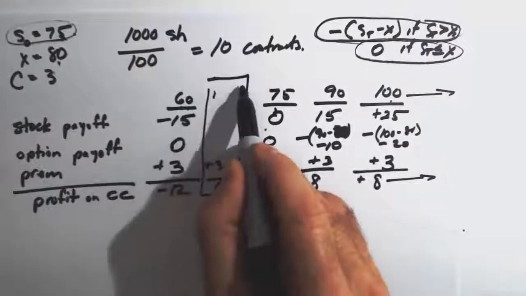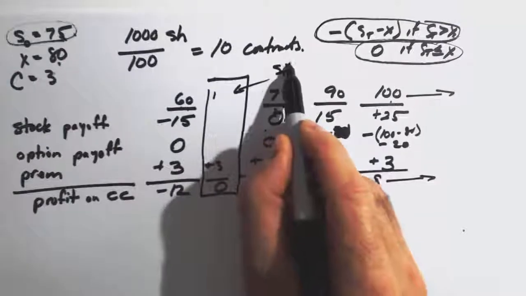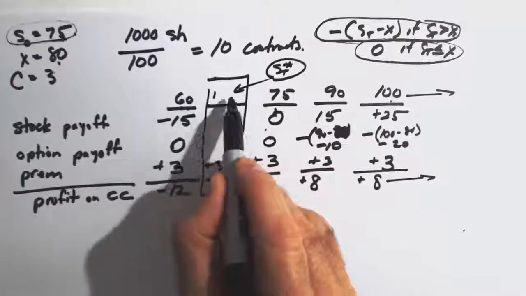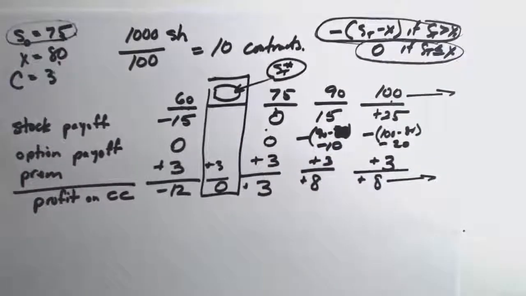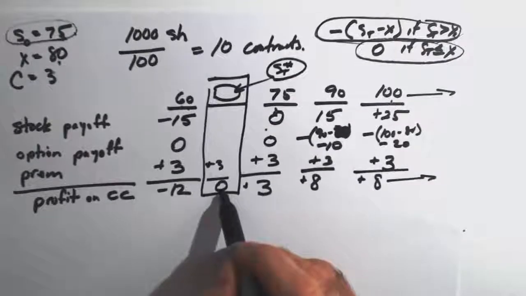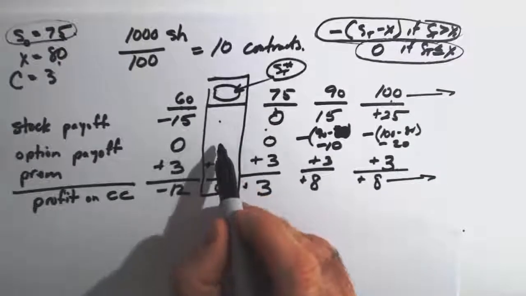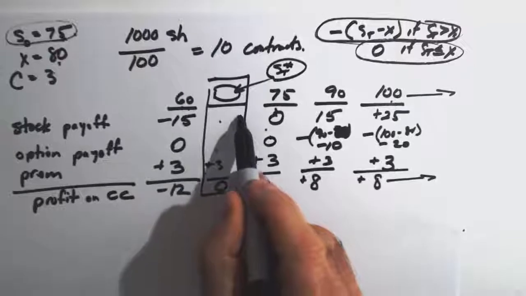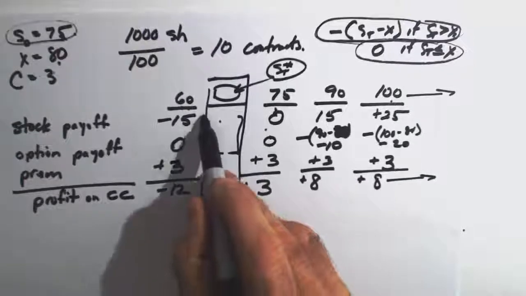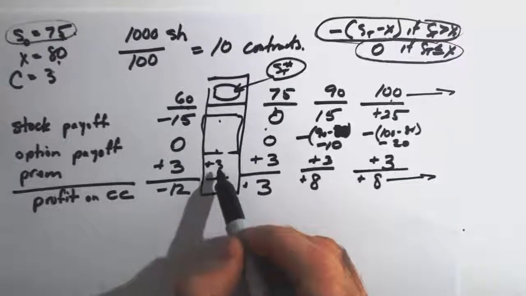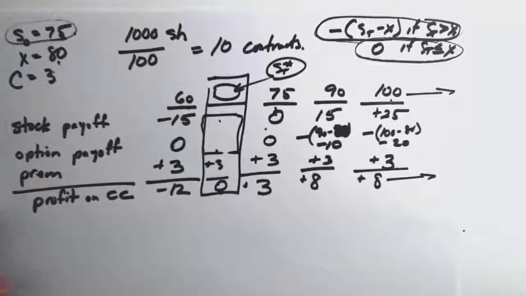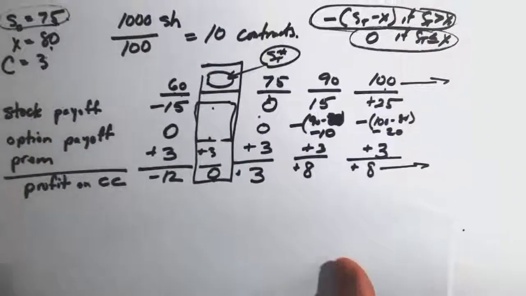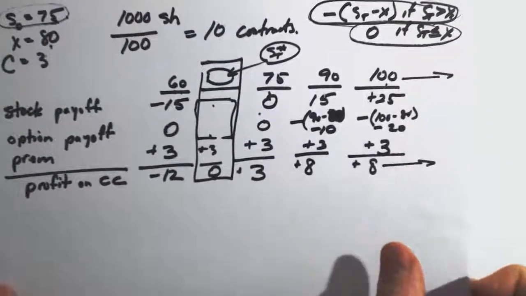What is this S_T star, the break even stock price? What should that be in order for this to be 0? Which means basically the stock payoff and the option payoff must net out to minus 3 in order to offset this 3 to get you down to 0. So that's something to think about, and you'll see it when I graph it, where that ought to be.